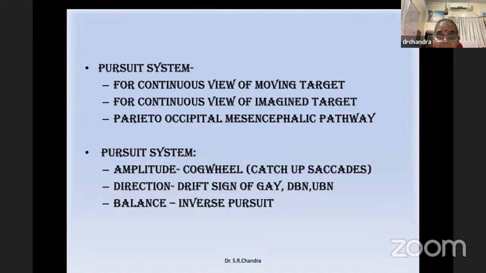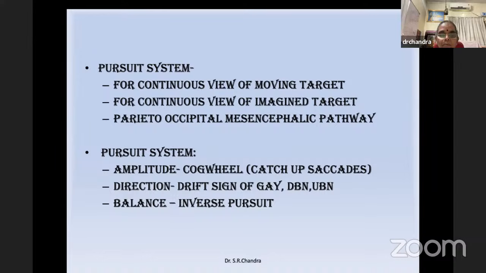When you do the optokinetic tape, normally you get an optokinetic nystagmus, like what we get while traveling in the bus. Instead, the eye keeps on drifting in the direction of movement of the tape. That is called drift sign of Gay. During down or upbeat, it doesn't stay there, resulting in downbeat or upbeat nystagmus. That is when there is an abnormality in the direction of the pursuit.